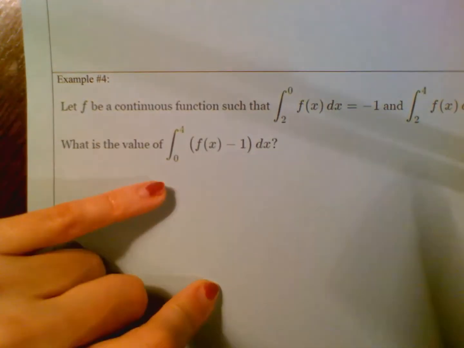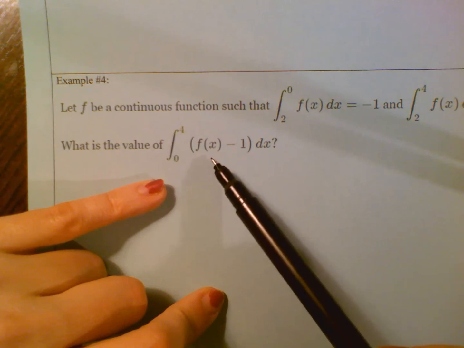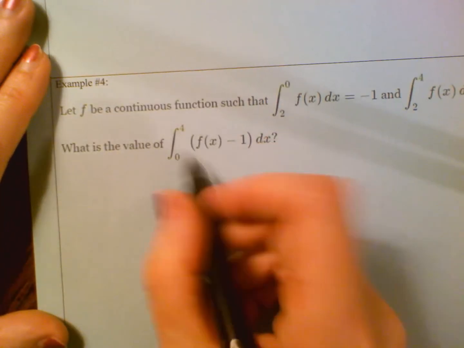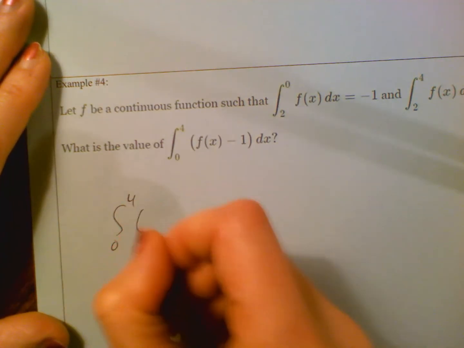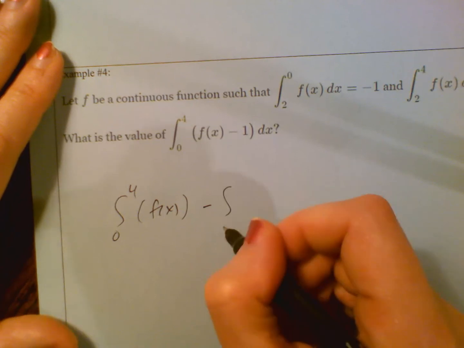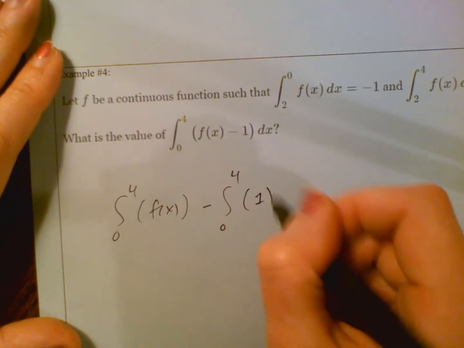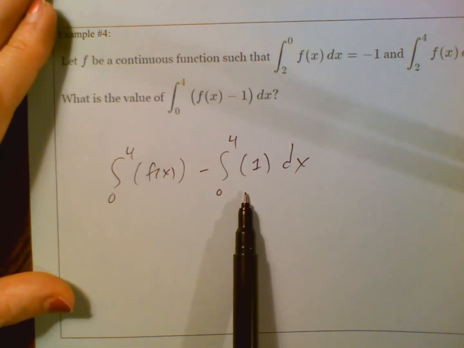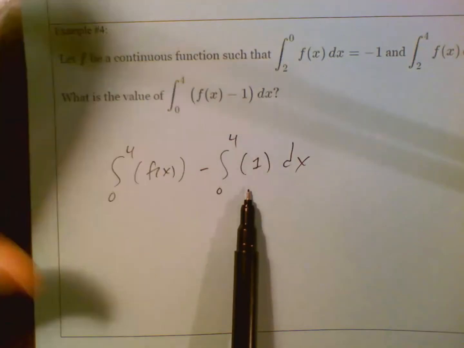What is the value of the integral from 0 to 4 of f of x minus 1? So firstly, we can split this up into 0 to 4 f of x minus 0 to 4 of 1. All right, now this one is why I showed you the constant function example earlier.